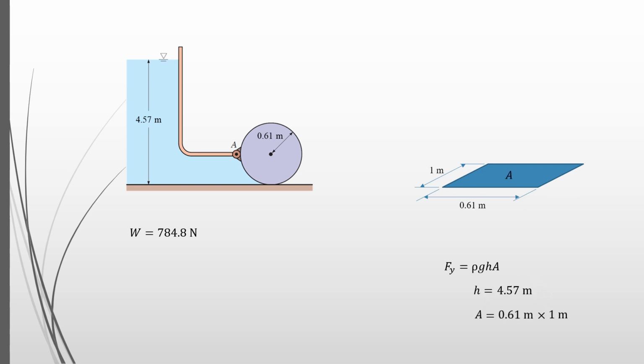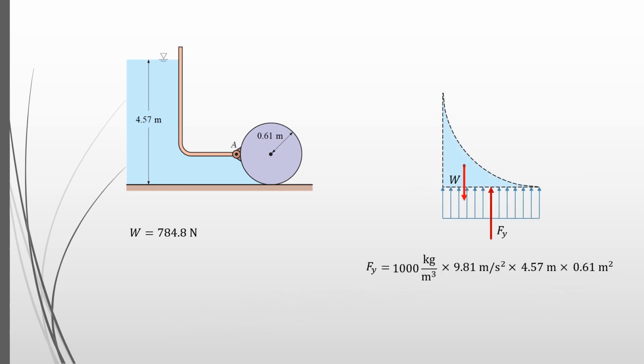The area at the base of the fluid block is 0.61 meters times 1 meter. It gives 0.61 meter squared. Putting all the values in the equation, we obtain Fy equals 27,347.34 Newton or 27.35 kilonewton.